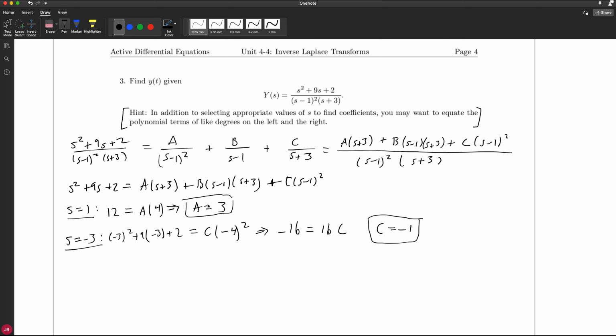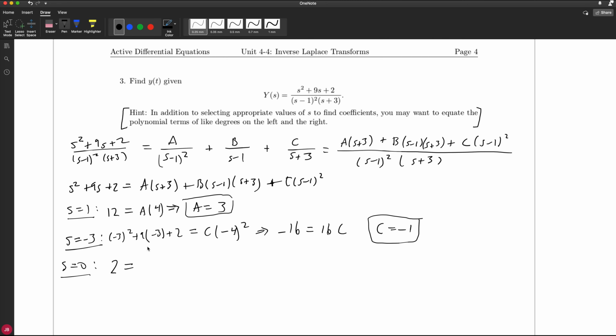Now, since I know what A and C are, and I don't know what B is, and I've exhausted all of the s values that cancel off terms, notice minus 3 is used up, 1 is used up, that means we usually try something else. 0 is usually a good choice just because it's easier to compute some of the values. So if I plug in 0 to the left-hand side, I just get 2.